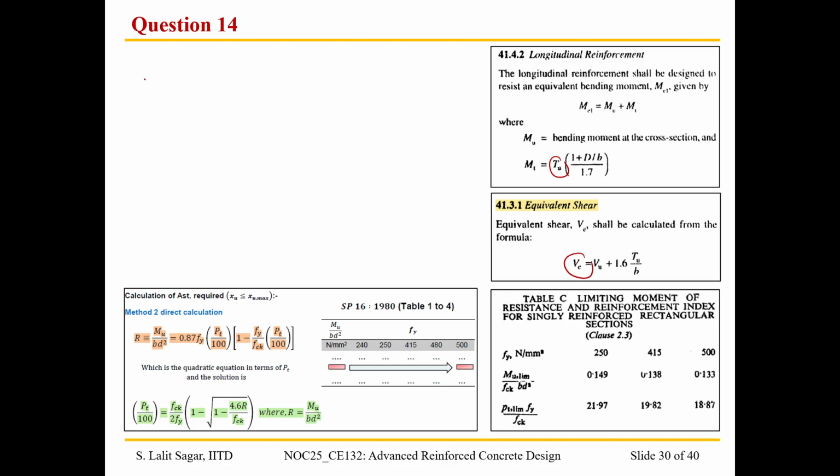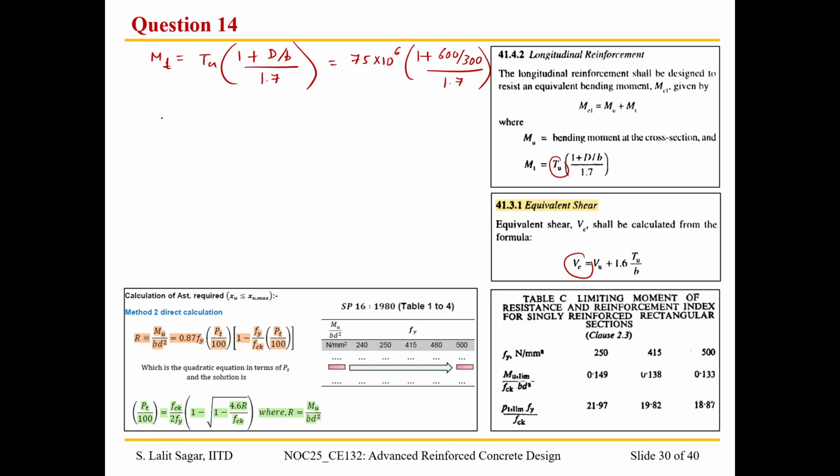Okay. So here we have the moment due to torsion, that is Mt, equal to Tu into (1 plus D by b) divided by 1.7. Let us substitute that value. This is 75 into 10 to the power 6 into (1 plus what is the overall depth? 600 by 300) divided by 1.7.